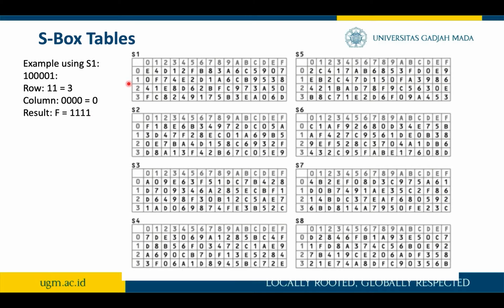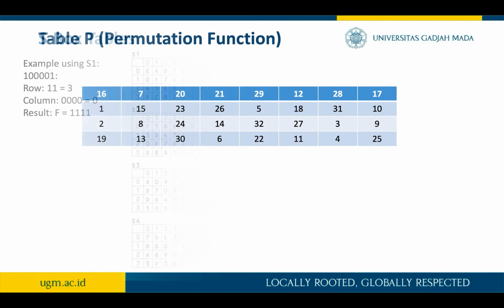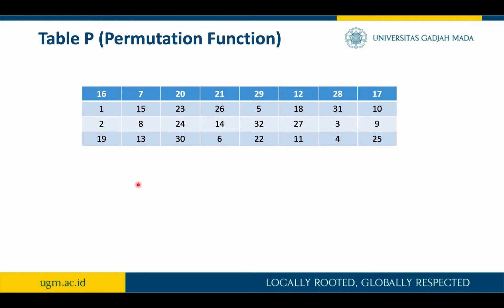The same method is applied to the other groups of 6 bits using the corresponding S box. Yeah, and then after we get the 32 bits, we do again permutation on the bits, and this is the permutation table. So for example, the first bit now becomes the 9th, or now is placed in the ninth position.